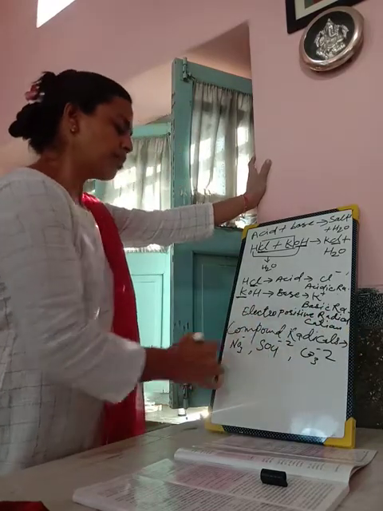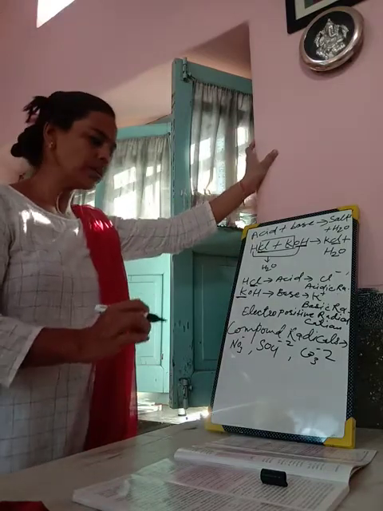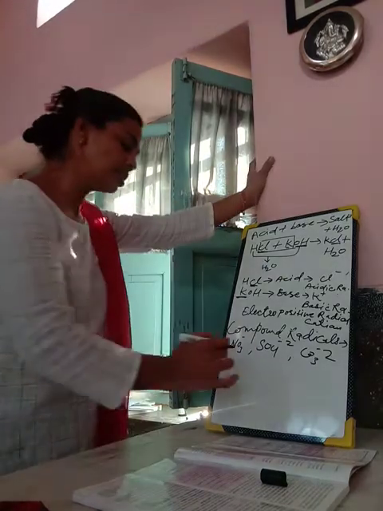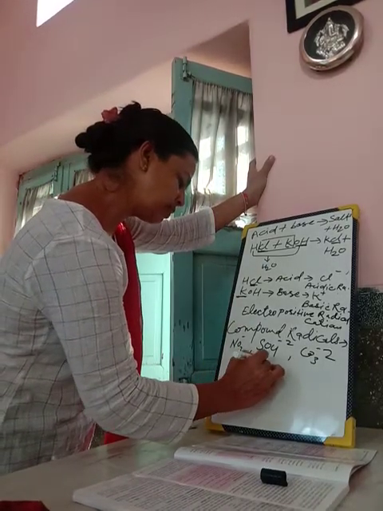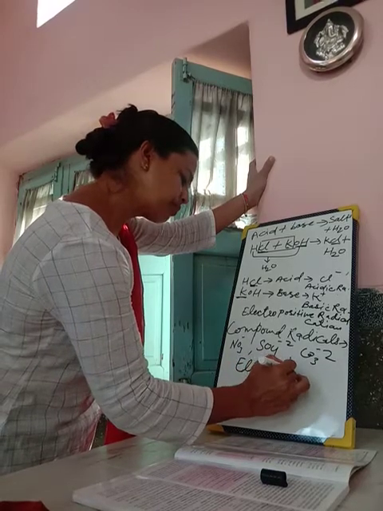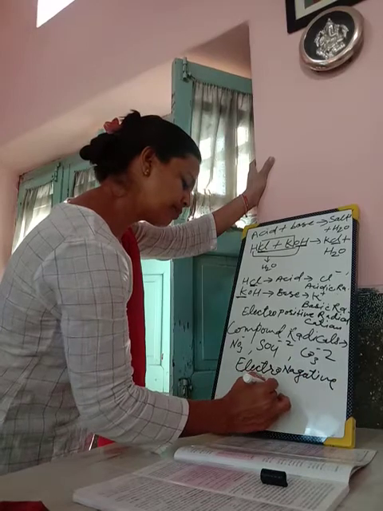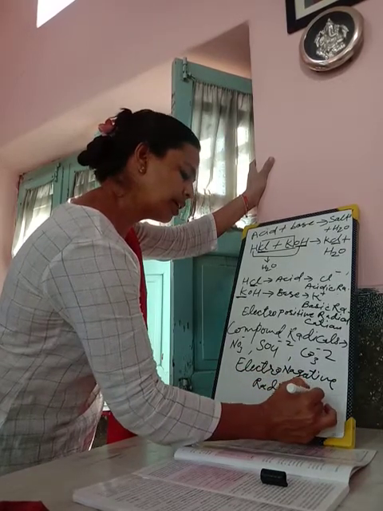Similarly, when salt is dissolved in water, it splits into positive and negative charge. The negatively charged radical is known as negative radical or anion.